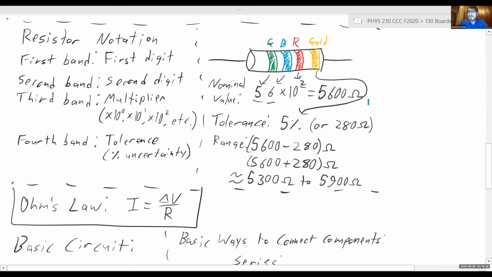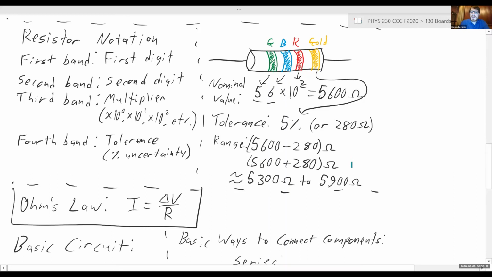To find the uncertainty in that value, we look at the tolerance. We see that a gold band on our table corresponds to a 5% tolerance, and 5% of 5,600 is 260 ohms. That means that the range of possible resistance values for this resistor is 560 plus or minus 280 ohms.